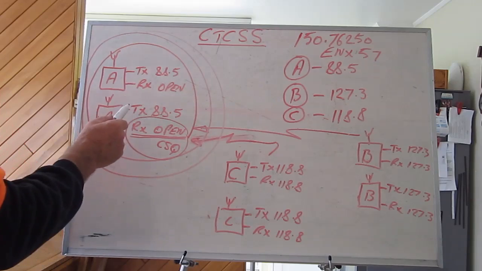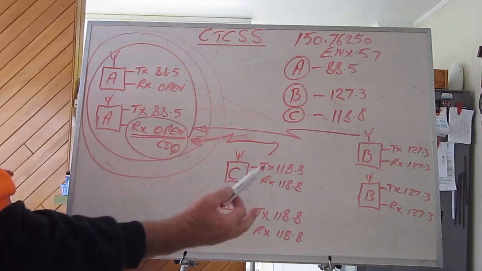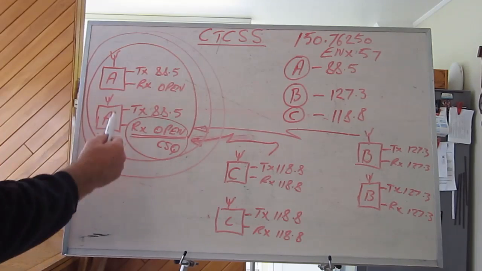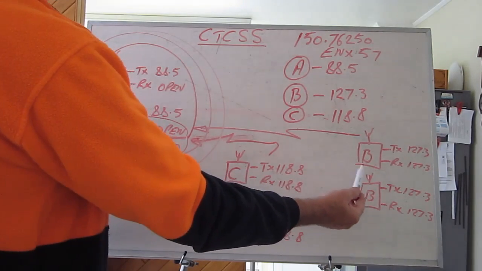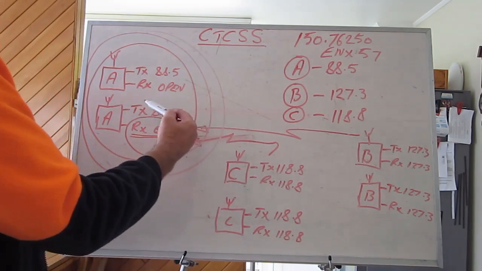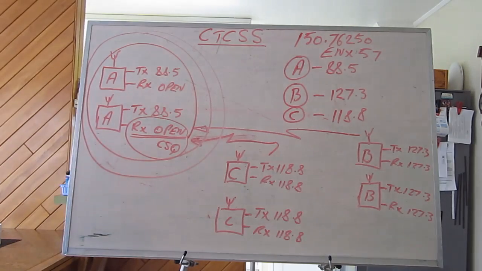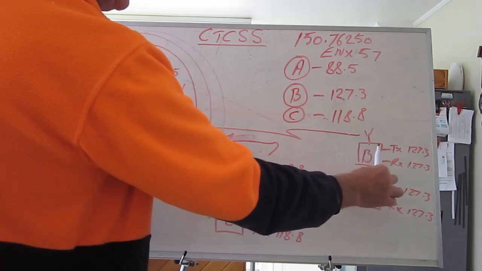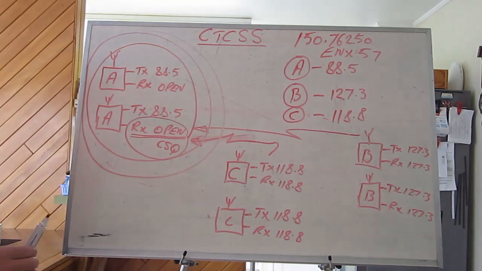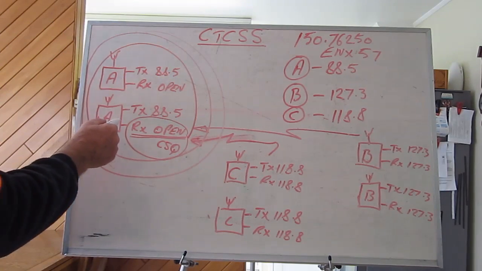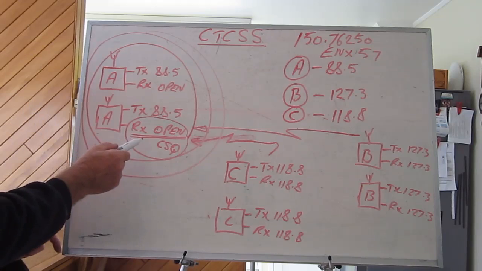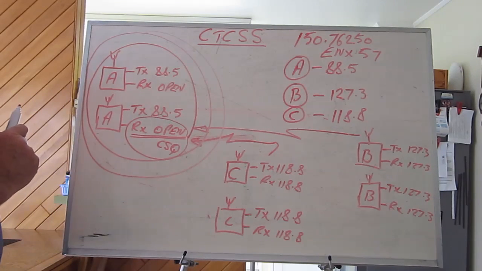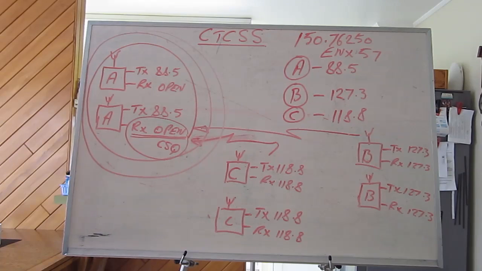The perception is that the band is full, that the channel is full, and that perception occurs because of this co-channel interference. It's not necessary. These two groups, Company B and Company C, are able to operate quite happily in the same physical space, and so would Company A as well if this receive CTCSS tone had been correctly programmed.